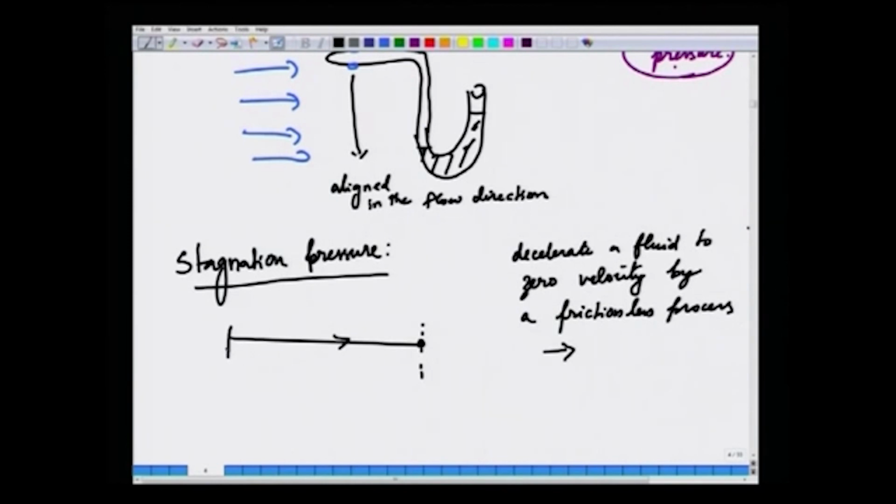If you take this streamline and apply the Bernoulli equation between points 1 and 2, the velocity of the fluid at point 2 is 0.